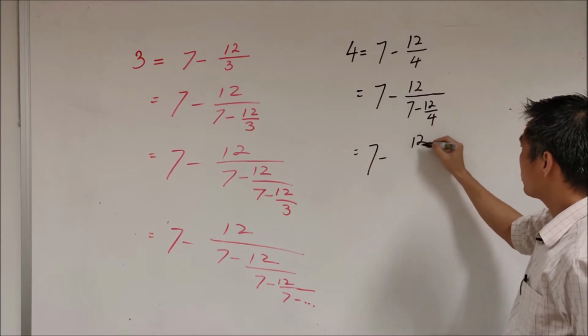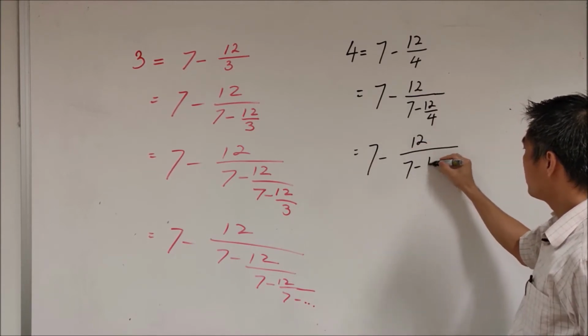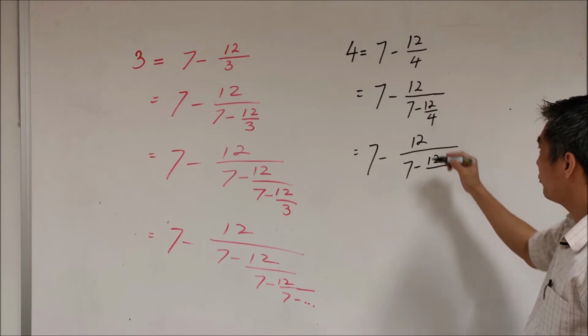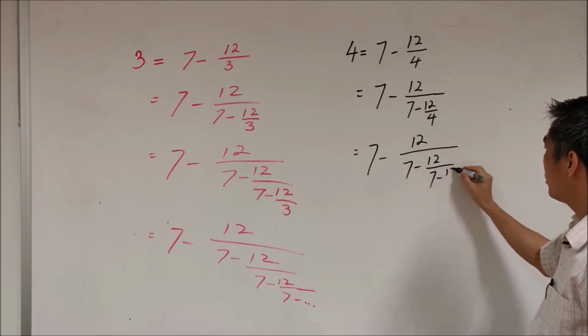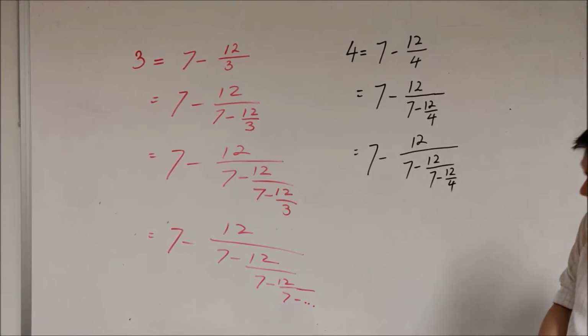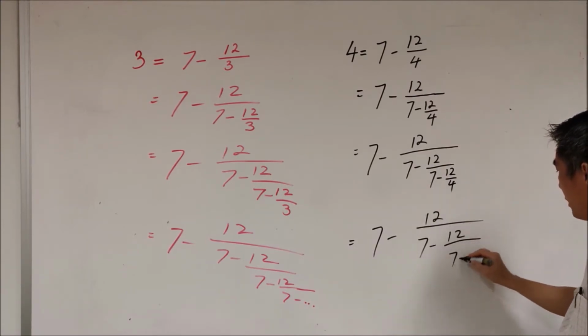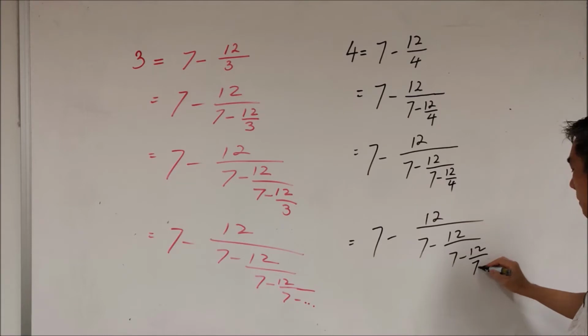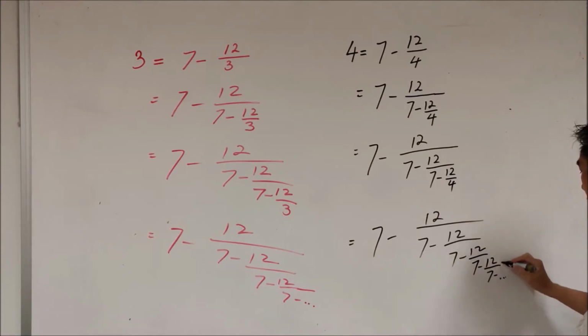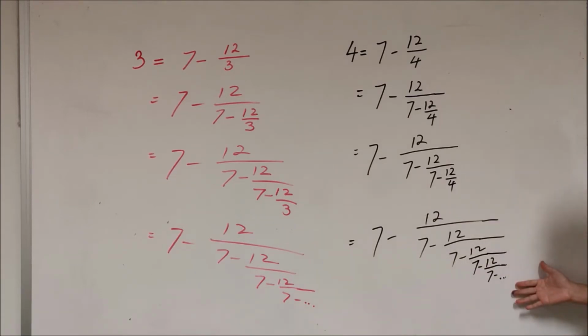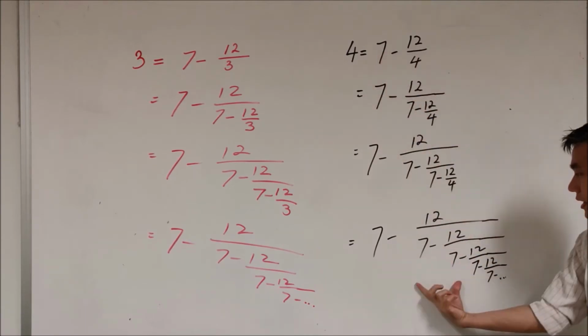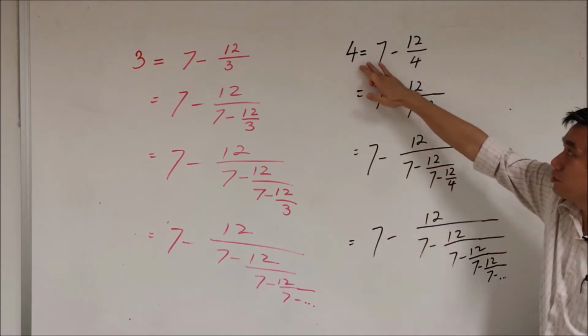So this will be 12 over 7 minus 12 over 4. This can be written in this form, and we can repeat it as many terms as we like. So in this case, we will say that this expression will be equal to 4.